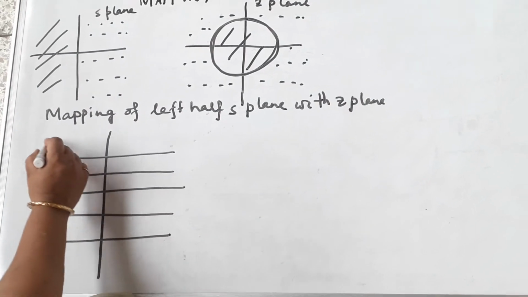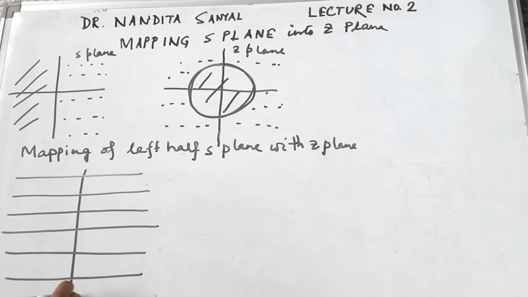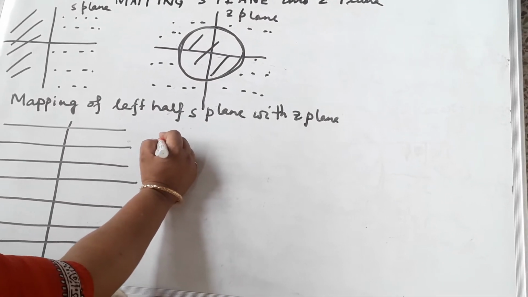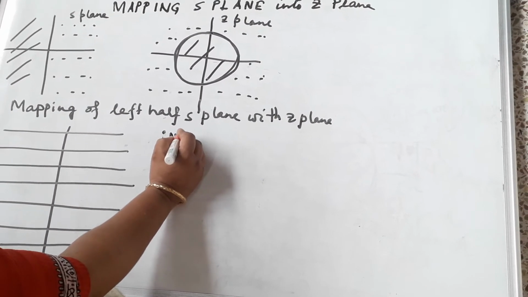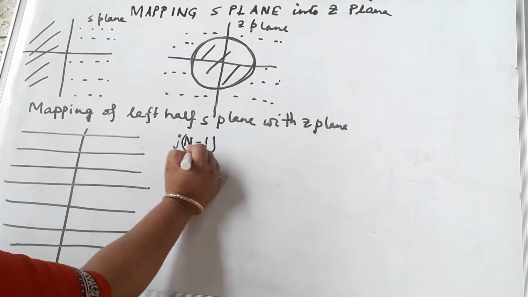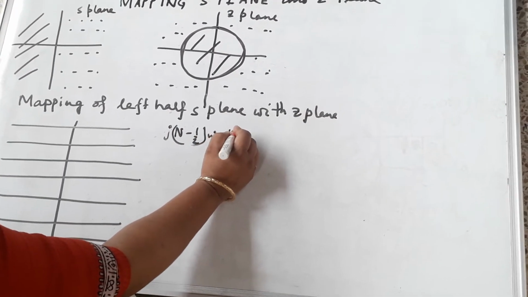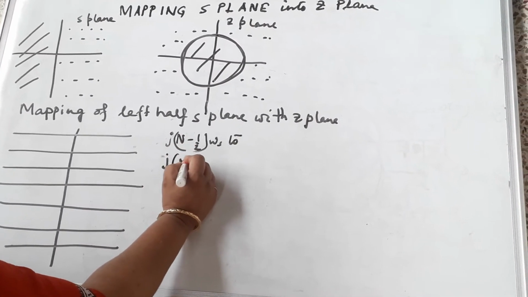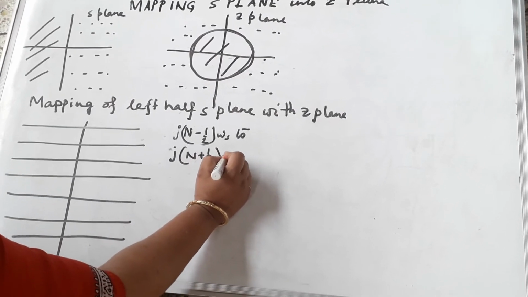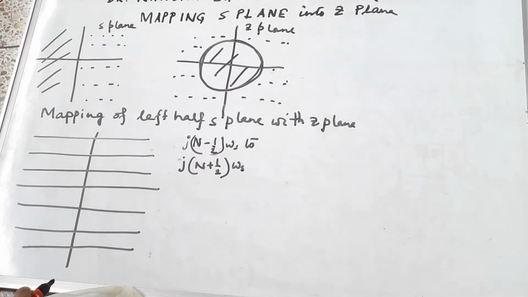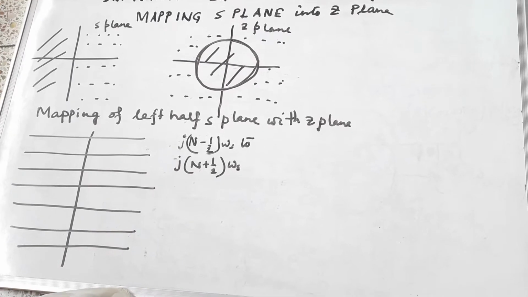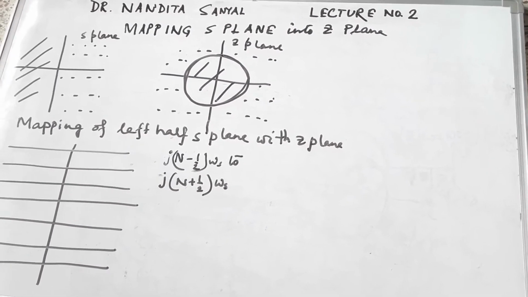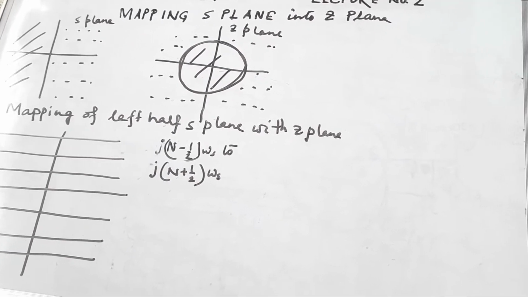In this manner, each strip is of width from j n minus half omega s to j n plus half omega s.